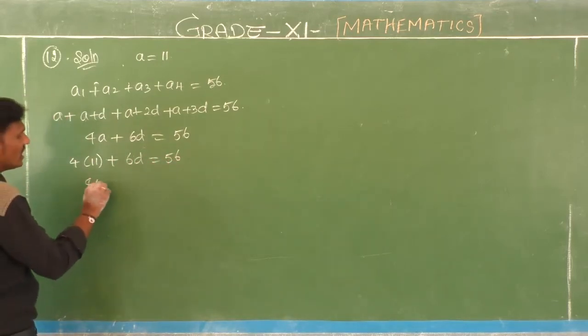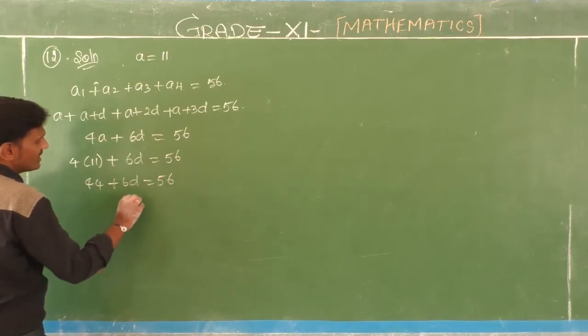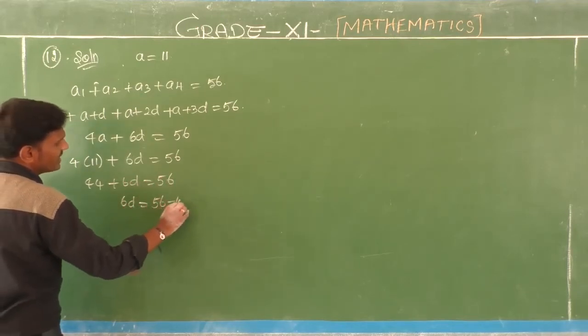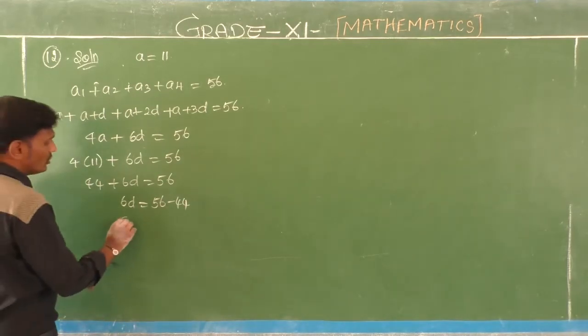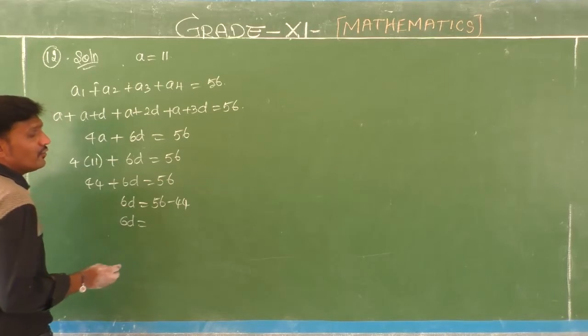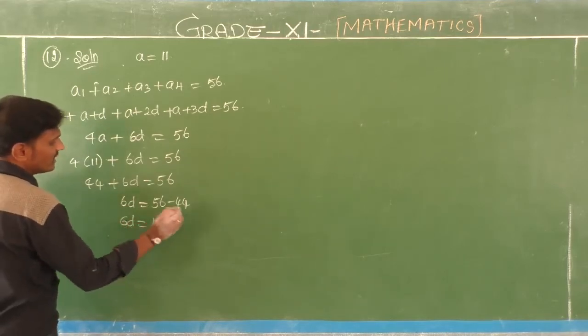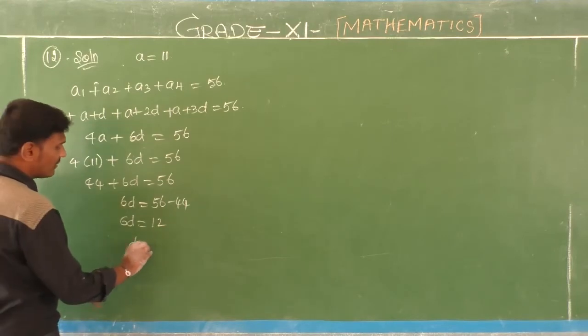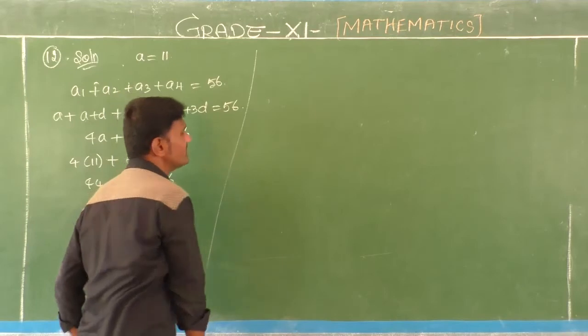Now 44 plus 6d equal to 56, 6d equal to 56 minus 44. What will come, students? 12. And the value of the common difference is 2.